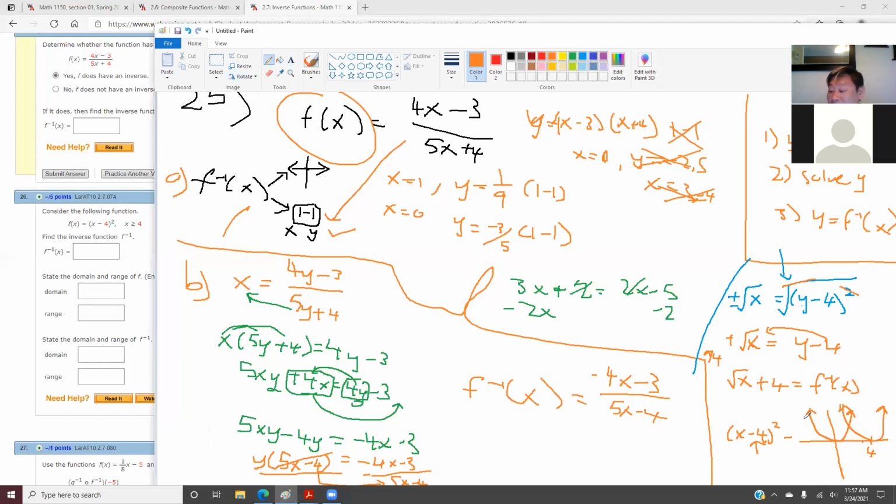But because it does not pass the horizontal line test, it restricts the domain from 4 till infinity. So we do not want this piece. So we only take from 4 to infinity. So what is the domain for this piece?